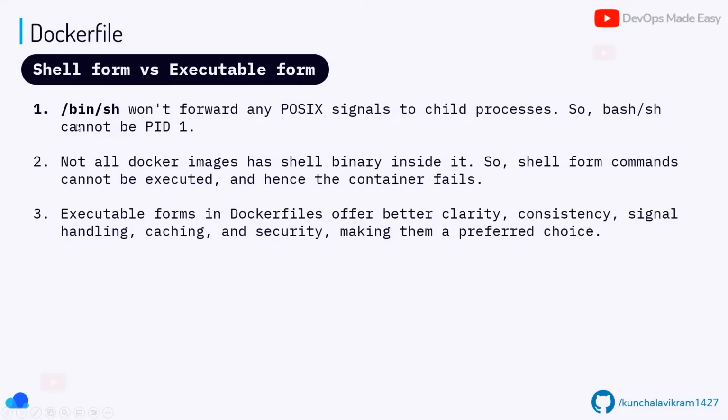But if it is a shell, then any processes that are started by the shell won't be properly exited. Okay. They won't be properly killed. That's the reason why you should not use shell as the starting process. You should always start your main application with the PID of 1. Okay.